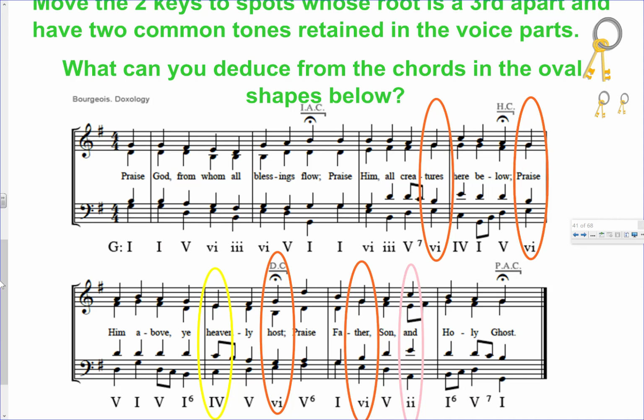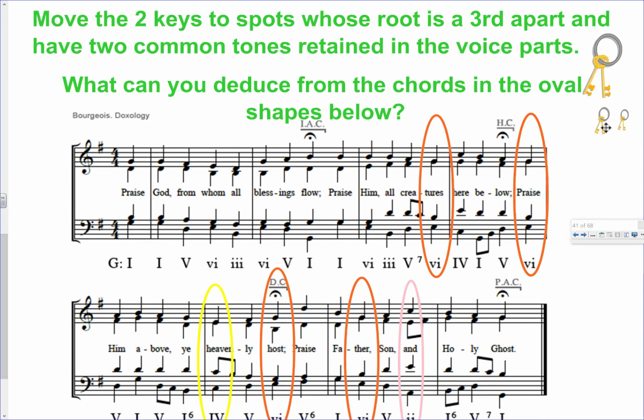We have a Roman numeral analysis. And what we need to do is take these two small keys over here and move them to the spots whose roots are a third apart and have two common tones retained in the voice parts. Take a moment to try to find the two spots in this piece of music whose roots are a third apart and have two common tones retained in the voice parts.